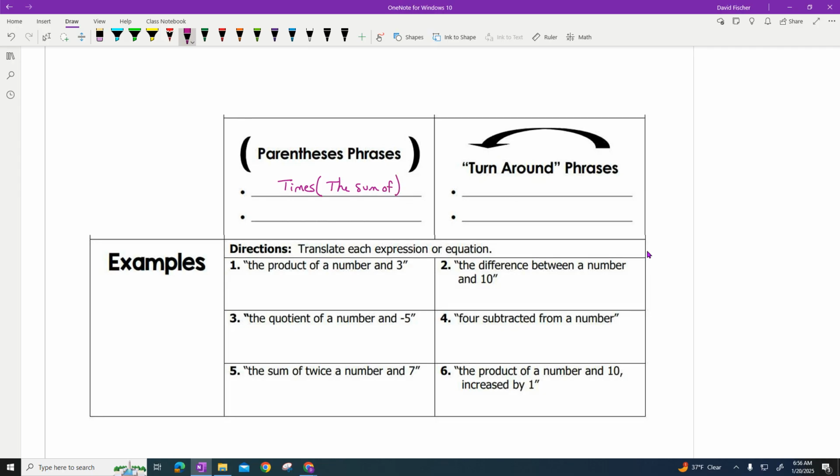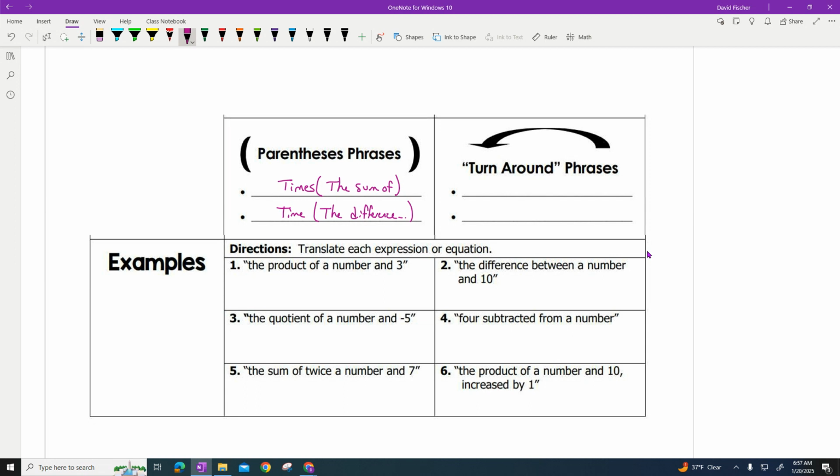And anytime I see this, times the sum of something, we'll talk about this later on, I want to put this all into parentheses, and then whatever they want me to times it by, I want to put it in front of my parentheses. Or they might say something like times the difference of something. And then goes tell you what the difference between.